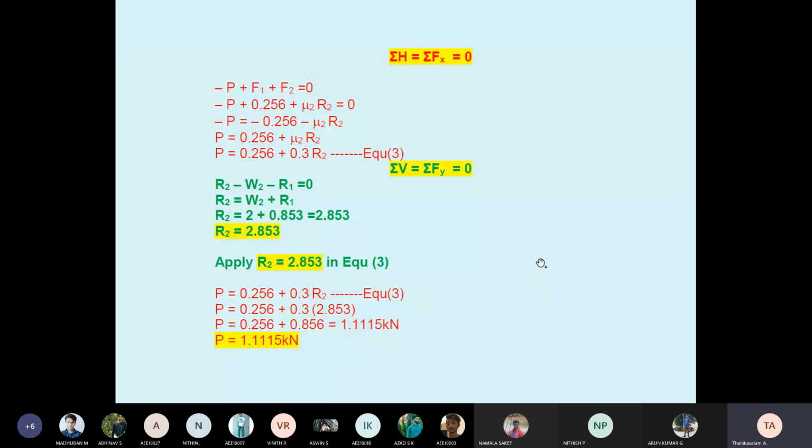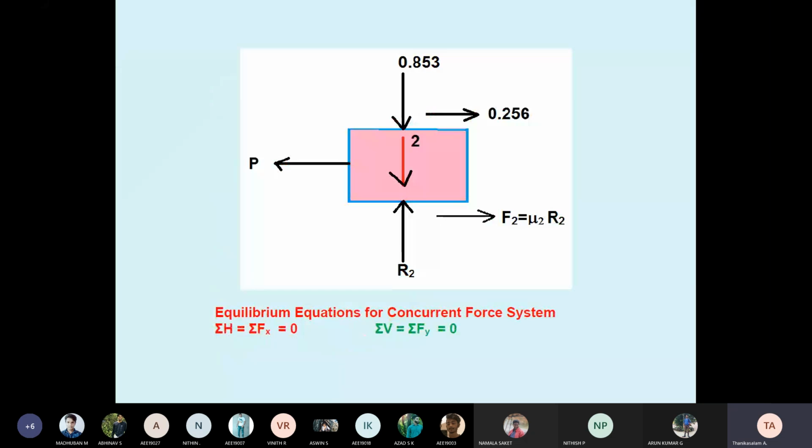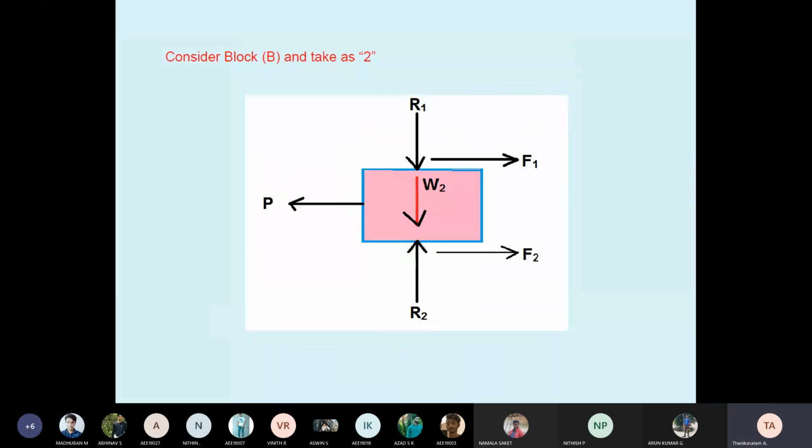Very simple. Solving the problem is simple, but here is why I introduced two frictions to the right side: because block B is in contact both at the bottom, that is the floor, and on the upper side also. We are pulling to the left side. As per the concept of friction, with the body moving left, the friction is on the right side. Here the body is in contact at two places, so there are two frictions: F1, and at the bottom side F2.